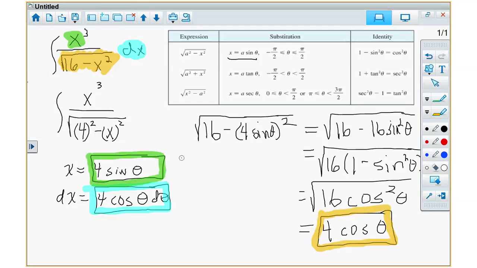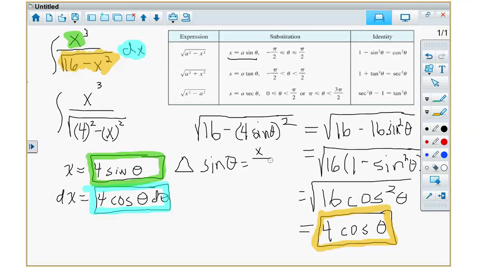So to get your triangle, and I'm going to put a triangle here. It's really a right triangle. But to get your triangle, solve for theta, or sine theta. So sine theta is equal to what? X over what? And what is the sine?